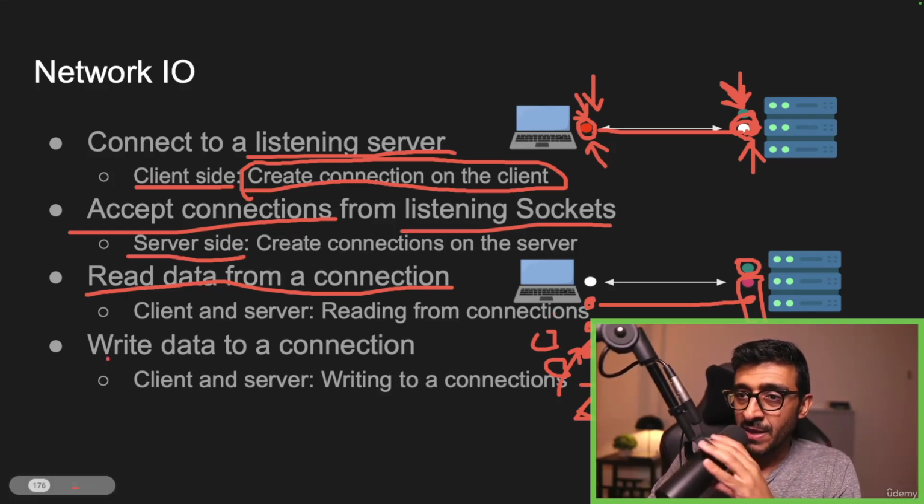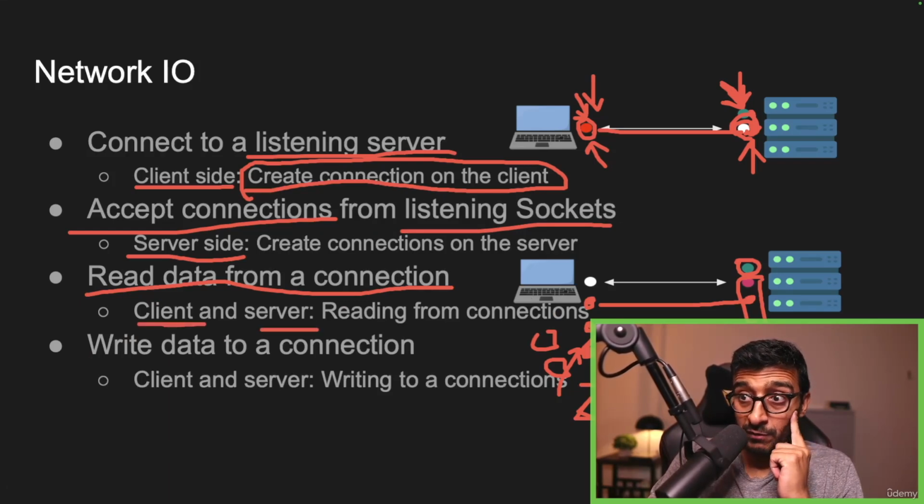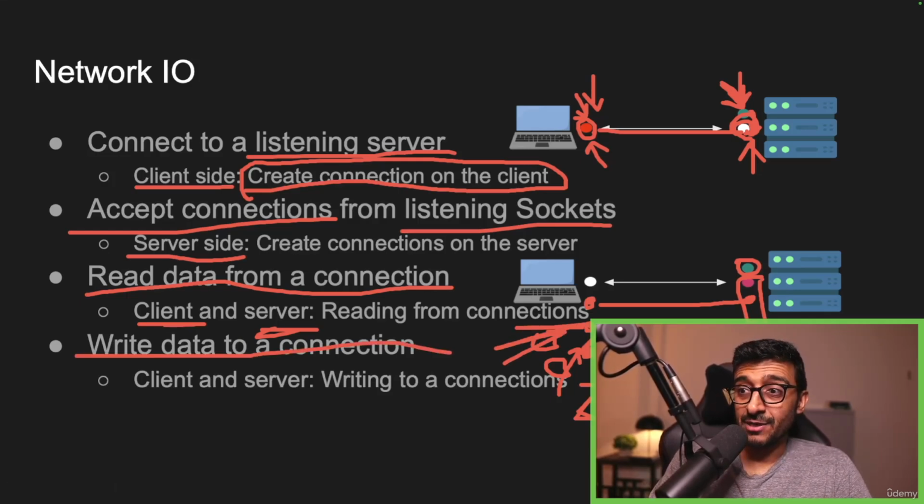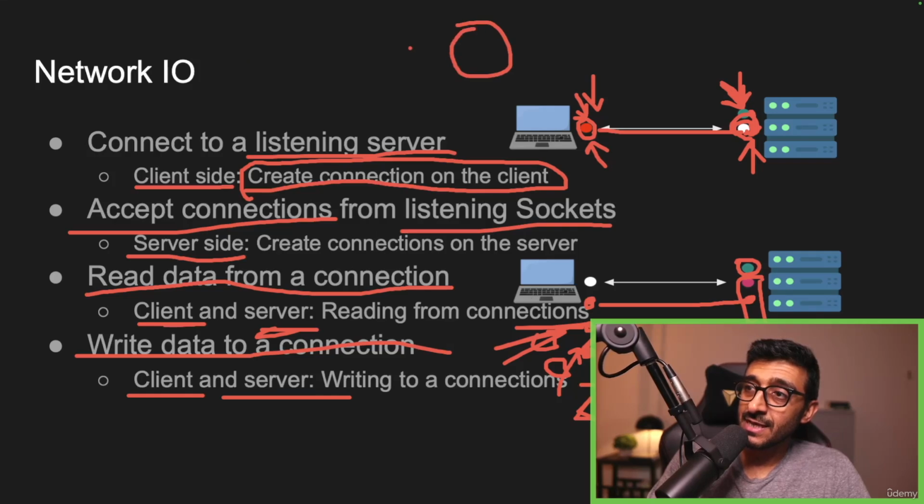Reading data from a connection is applicable for both client and server, but only on connections. Writing data to a connection is also applicable to client and server. If I write something on the connection at the client side, that data is being sent from my process, that is Node.